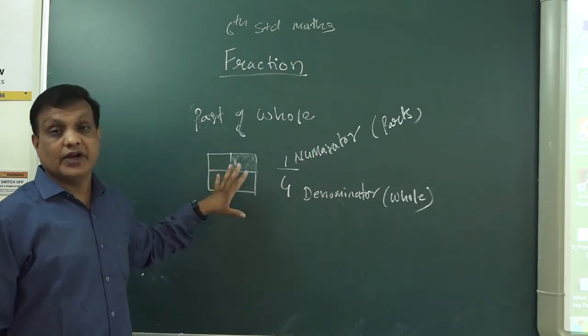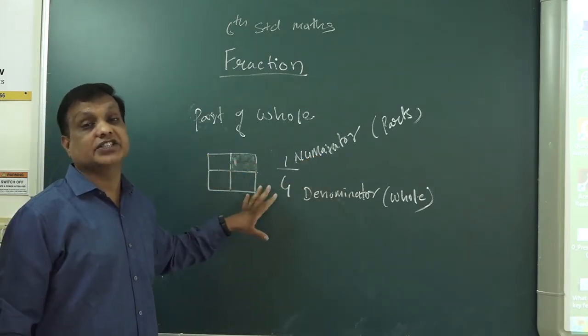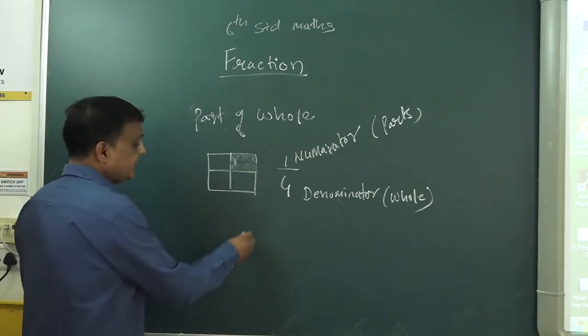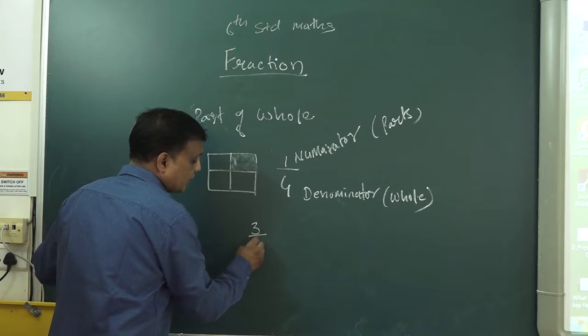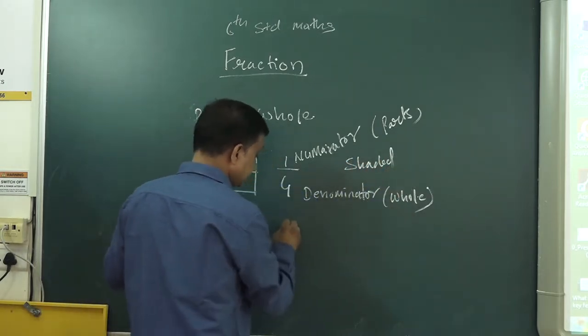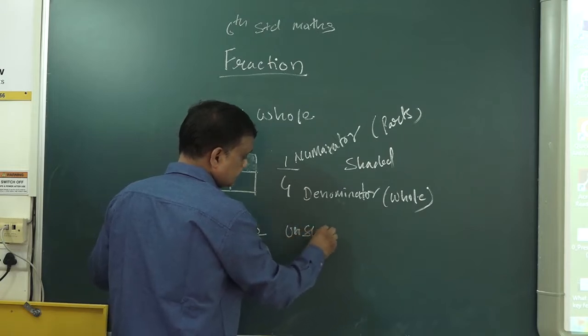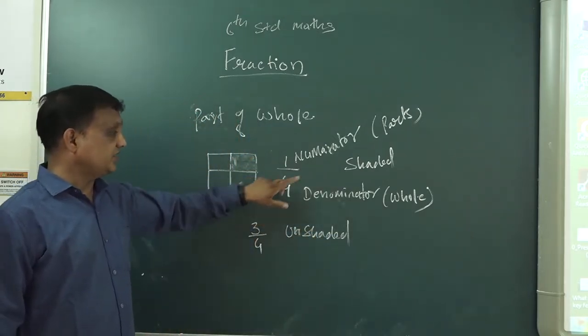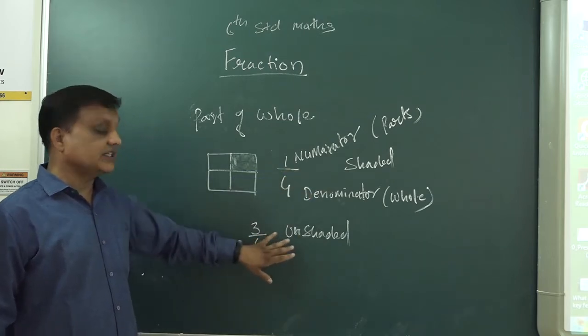So this is what we are doing. We have written the fraction of the shaded part. If unshaded part, what is the part of unshaded? Then 3 upon 4. 1 upon 4 is the shaded part and 3 upon 4 is the unshaded part.